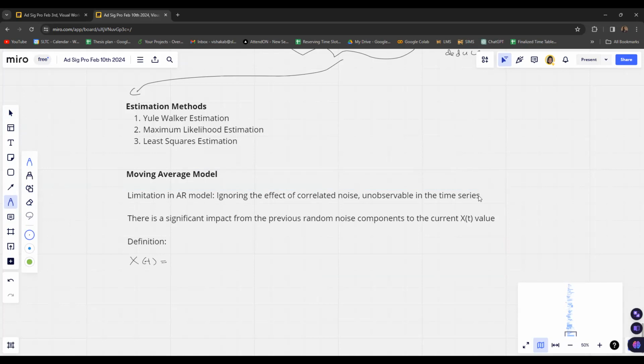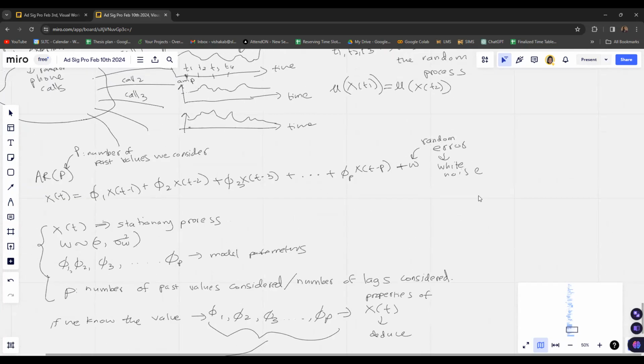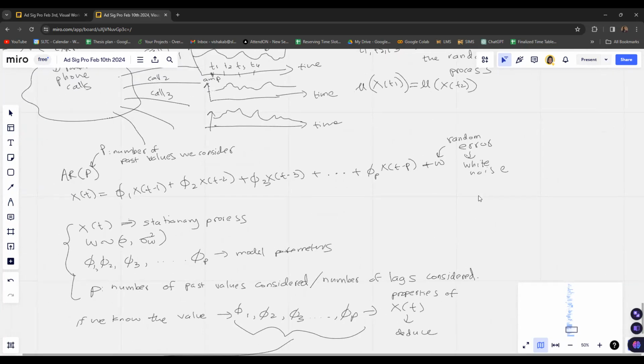The current value of xt can be defined based on the past values of noise. The past values of noise we can give by wt plus... In the previous equation, I think we defined this as just w. We can define it as specifically what time instance is affecting the noise of the process, right? So we can specify that as well.